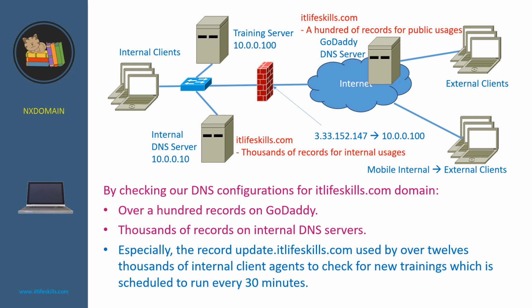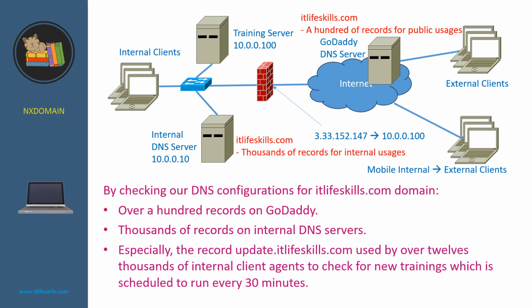So the difference between the DNS records in the itlifeskills.com domain on the internal DNS servers and the external DNS server causes the NXDOMAIN issue when the internal clients move to work from home, outside of the corporate office network, without VPN.